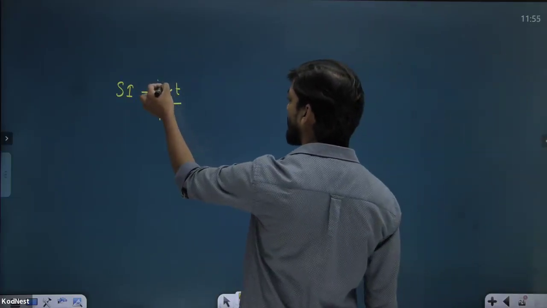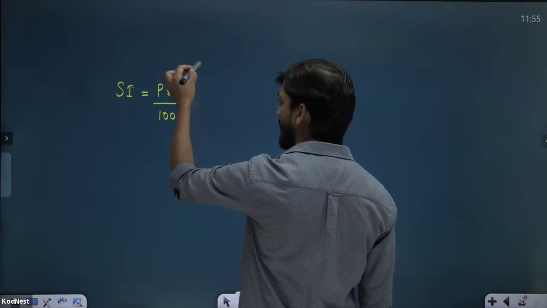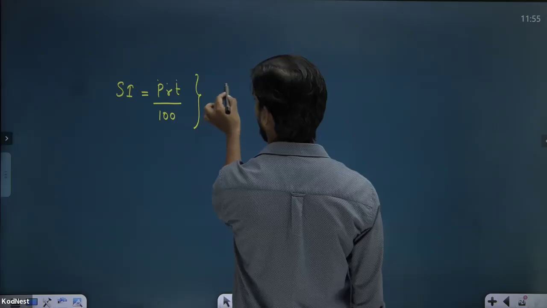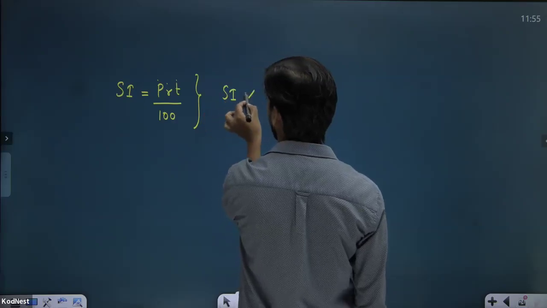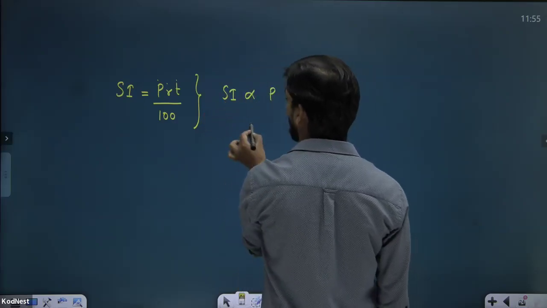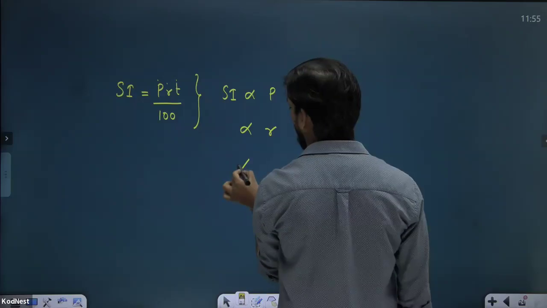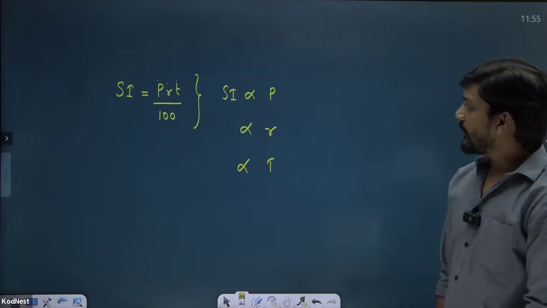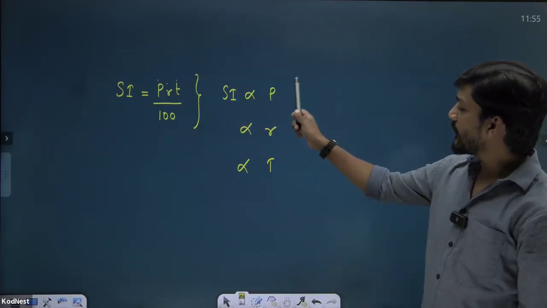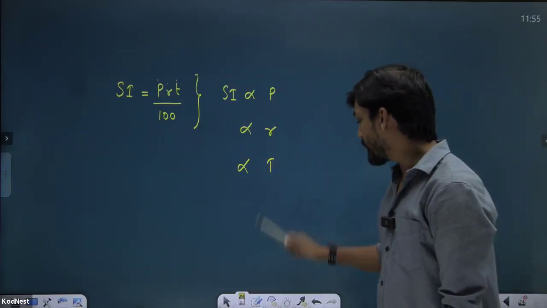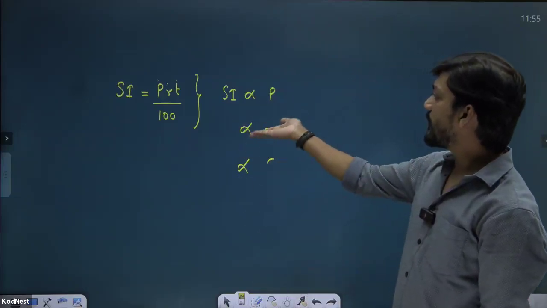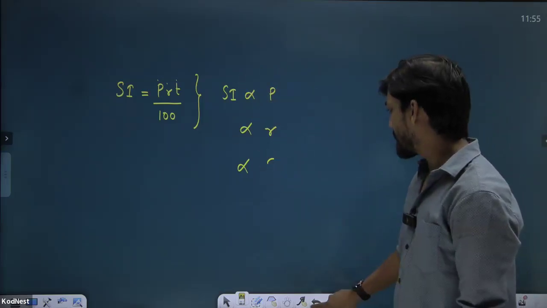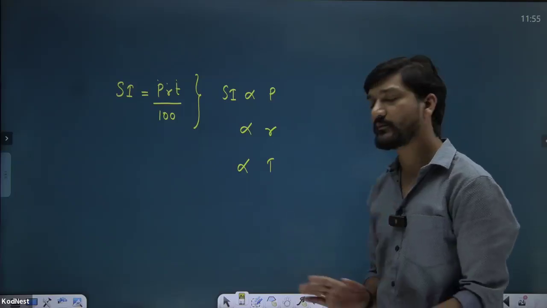Principal multiplied by rate multiplied by time. Whenever things are related by product, you can say that simple interest is proportional to principal, proportional to rate, and proportional to time. That means more principal, more interest; more rate of interest, more time, more interest. This is the meaning.